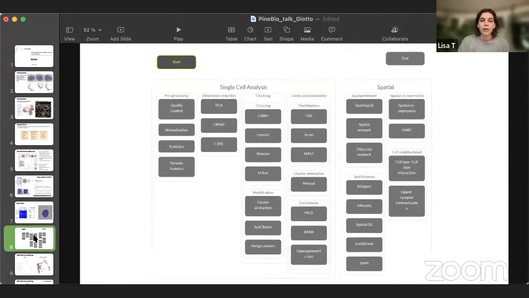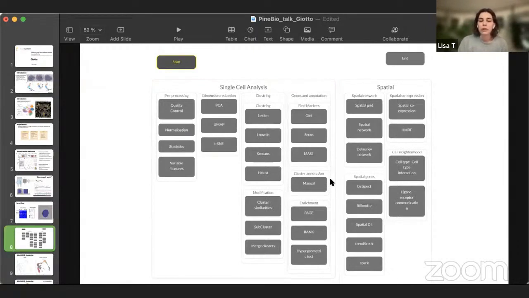So with the data I just showed, we can start our pipeline, and spatial transcriptomics is actually very similar at the beginning. It's very similar to single cell analysis. It also has the pre-processing steps, the dimension reduction, different clustering algorithms, and different algorithms for cluster-specific marker gene identification, cluster annotation.